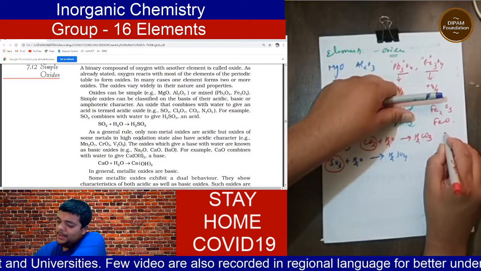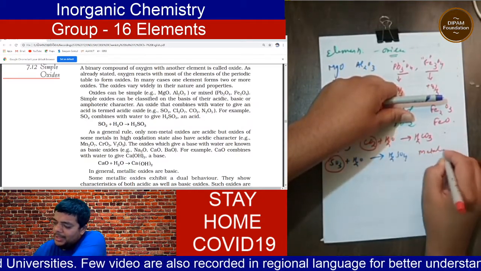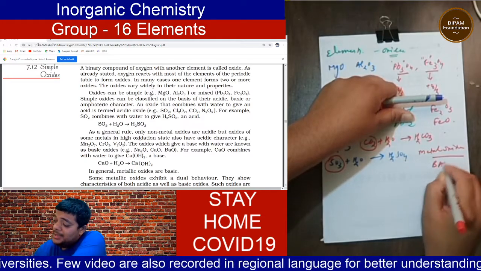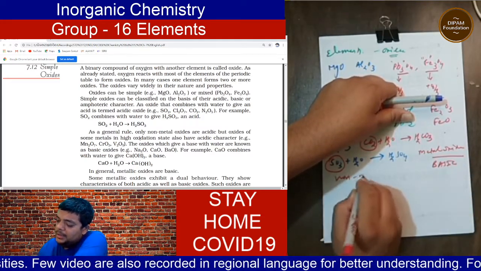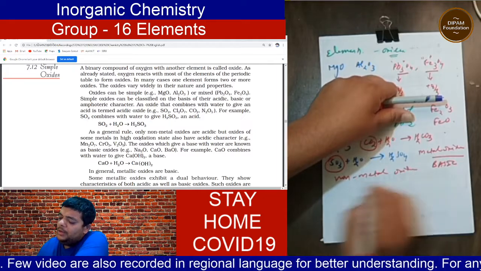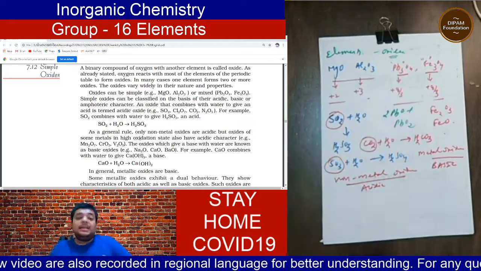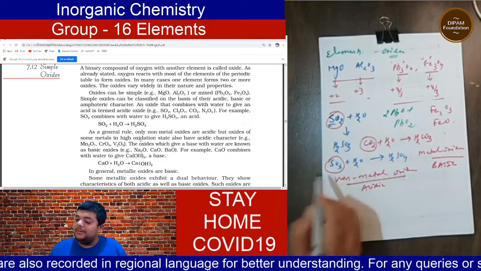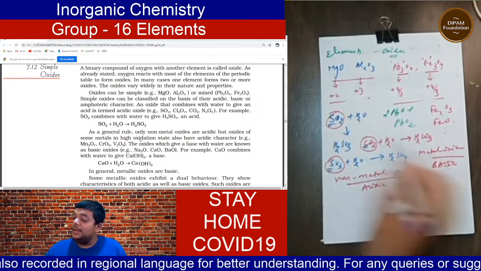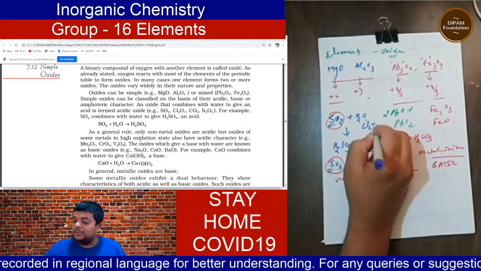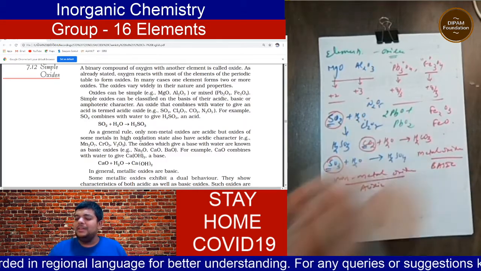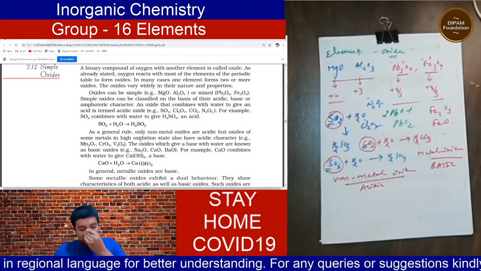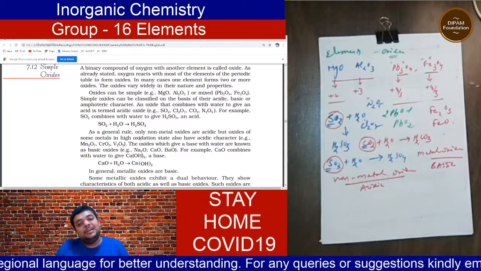Simple oxides can be classified on the basis of their acidic, basic, or amphoteric character. An oxide that combines with water to give an acid is always treated as an acidic oxide. Remember, an oxide that combines with water to give acid is always treated as acidic oxide. SO2 plus H2O gives H2SO3, sulfurous acid.